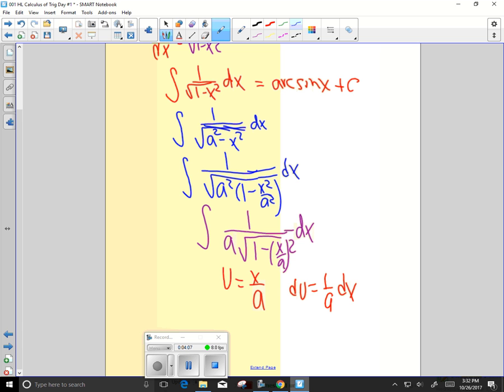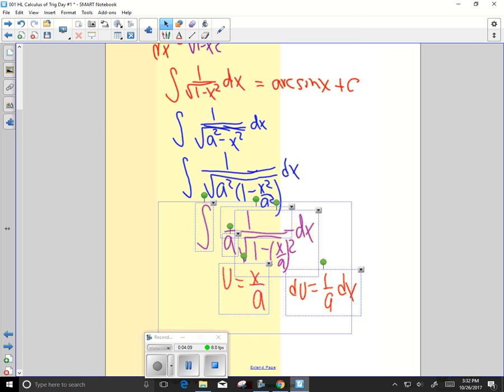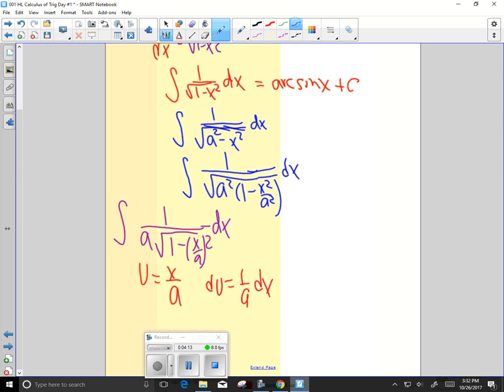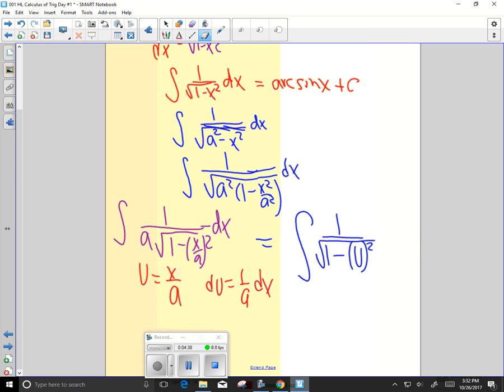Now this is kind of cool because we can just say that this is the same as 1 over the square root of 1 minus u squared, and this 1 over a dx is the same as du.